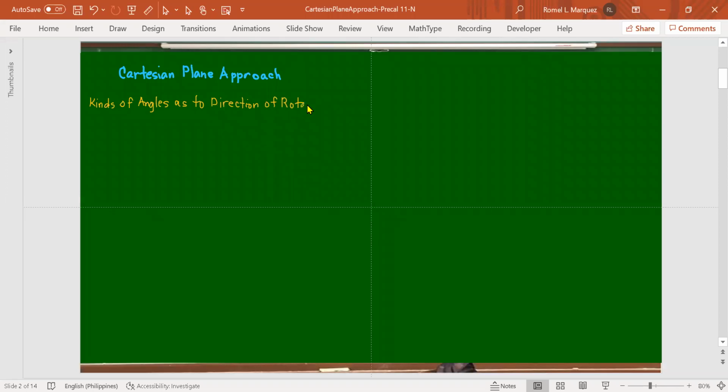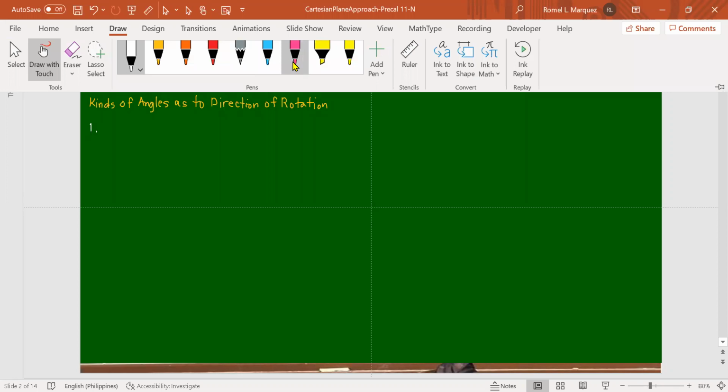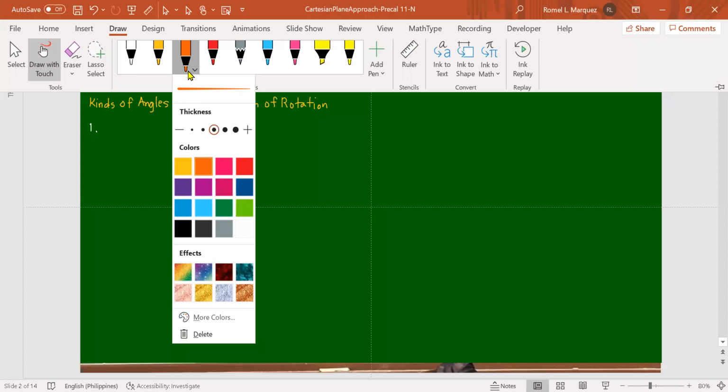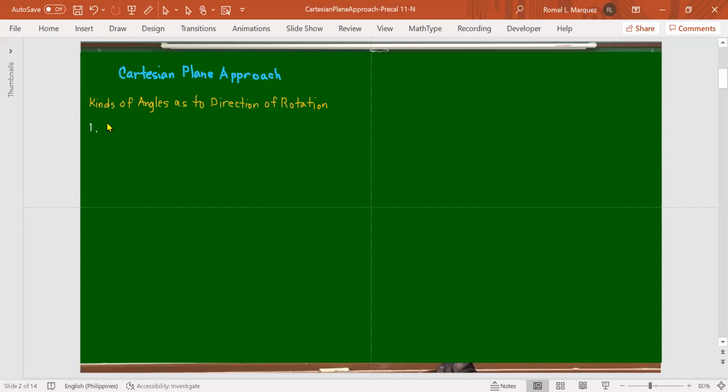When we say direction of rotation, we mean either counterclockwise or clockwise. Number one, we have the positive angle. What do we mean by a positive angle?